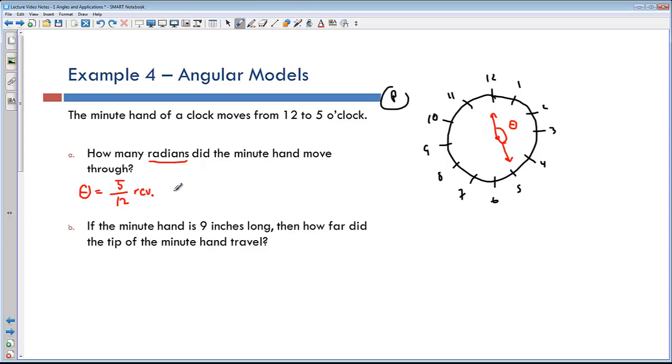But you can turn a revolution into radians pretty quickly. Right? So what can you do? We want to go from revolutions to radians. And so 1 revolution is a full circle. How many radians are in a full circle? 2 pi.